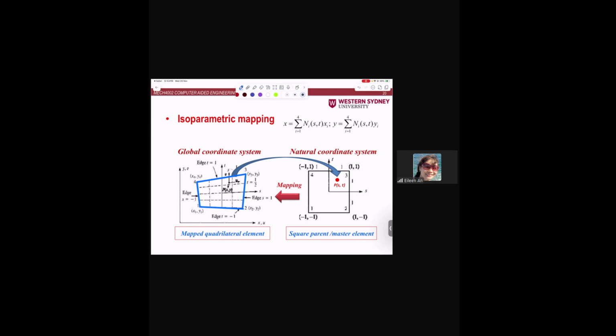Okay, this is the shape of this quadrilateral element.